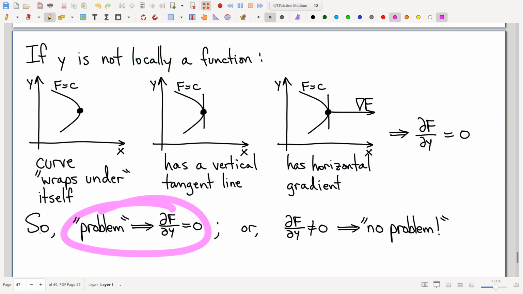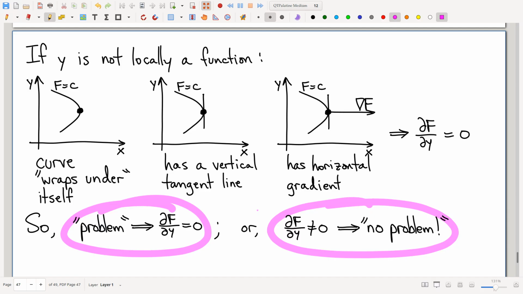Problem means the y partial is 0, and then here comes that contrapositive that I like, and that I'll be using quite a bit here and there throughout the course. Right? Important construction to be aware of. The contrapositive of problem implies 0 is not 0 means no problem. And this is what we can actually do something with.